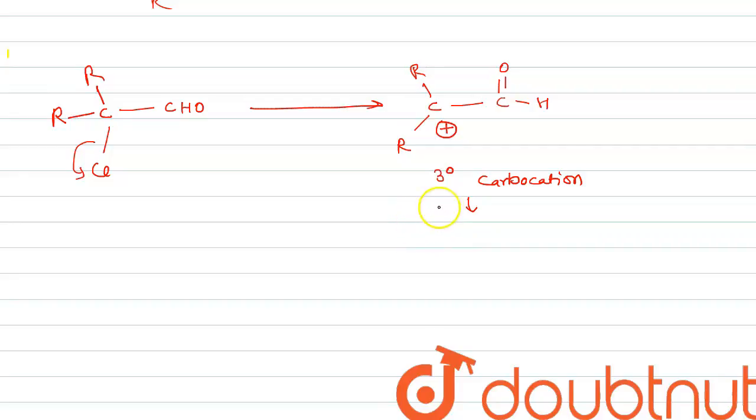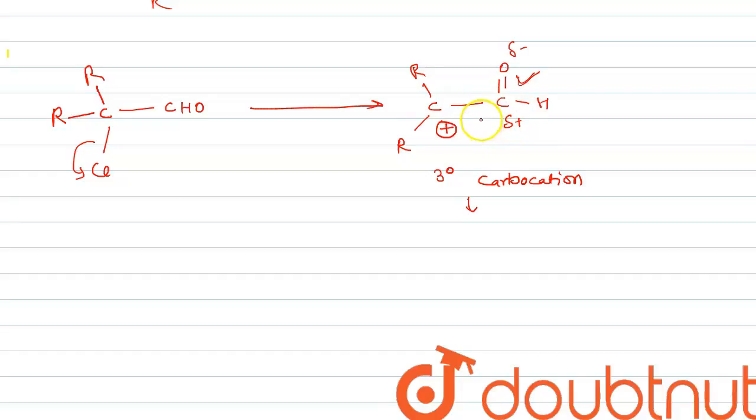As we know, the tertiary carbocation is the most stable form of carbocation, so it normally goes through the SN1 reaction. But in this case the tertiary carbocation is not stable. Why? Because its adjacent carbon has an electron withdrawing group, the more electronegative oxygen atom. The oxygen has a partial negative charge and the carbon has a partial positive charge, so both carbons have electron deficiency.